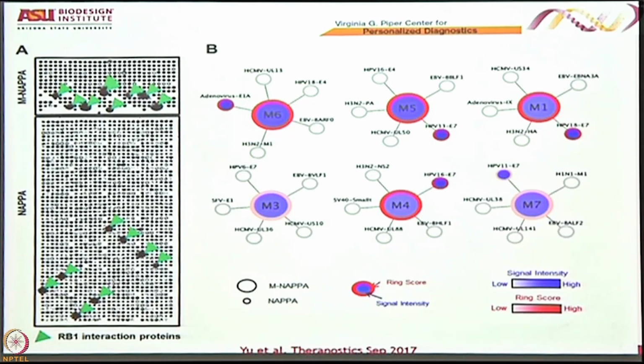So if you look at this one right here, that suggests that we detected M6, we detected this spot, and probably it was the adenovirus E1A protein that was responsible for that signal. That would be our best guess, right?